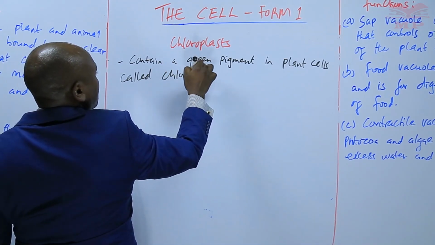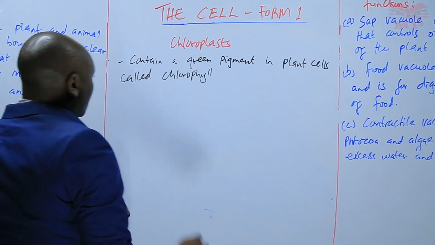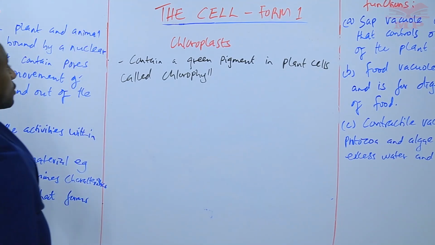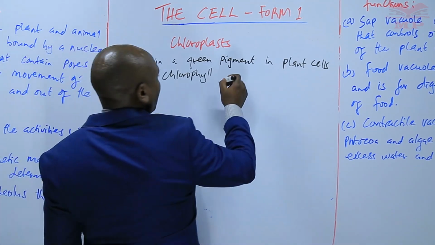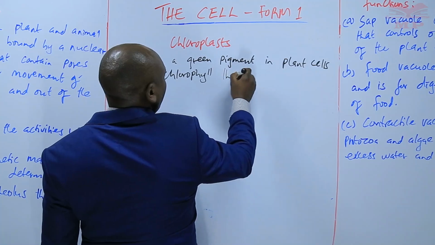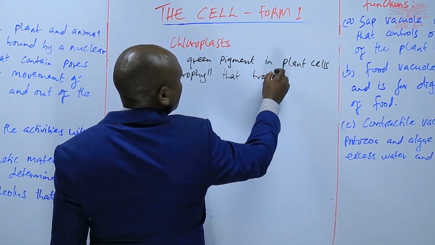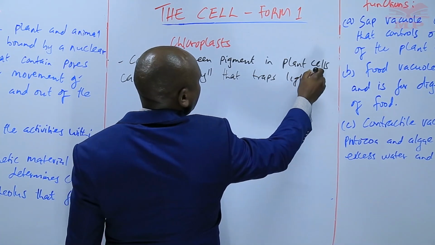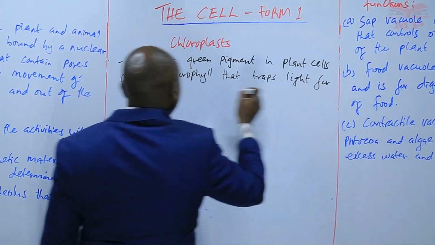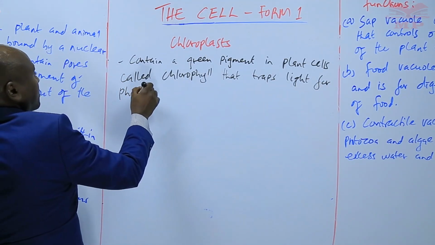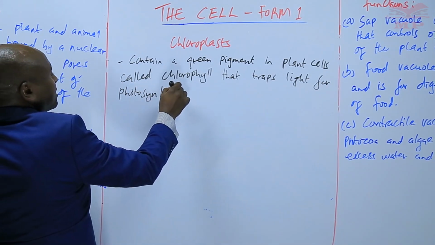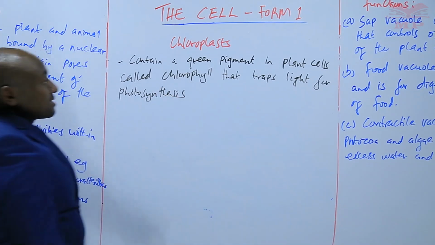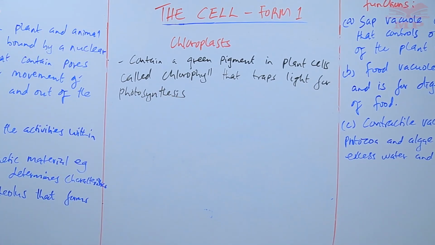It's only found in plant cells. It contains a green pigment called chlorophyll that traps light for photosynthesis. So basically, we can say that the chloroplast is the site for photosynthesis.